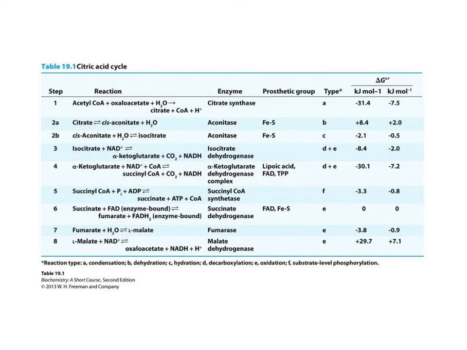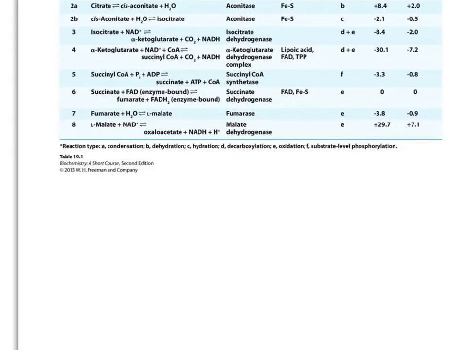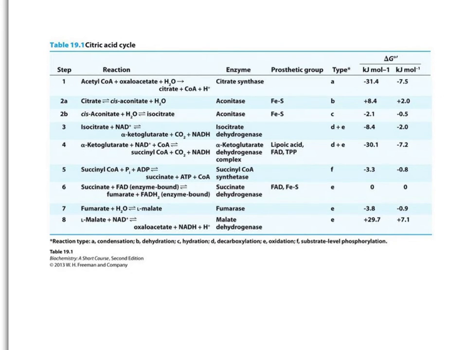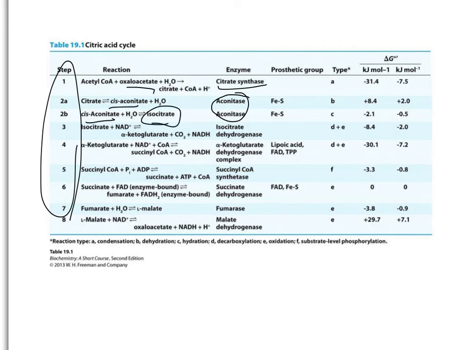So here's where you get a nice little table that outlines some key aspects. You get essentially these 8 reactions, and so we get citrate synthase, and a lot of times people will look at citrate going to cis-aconitate and then cis-aconitate going to isocitrate, because cis-aconitate is really that intermediate there.